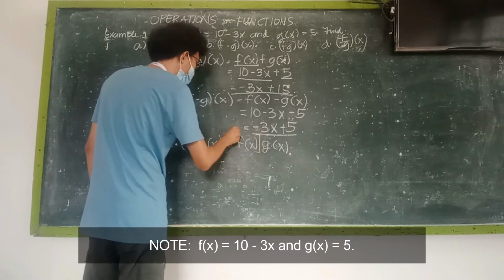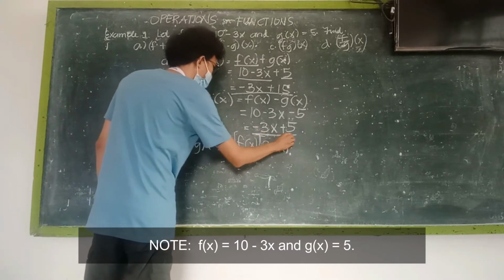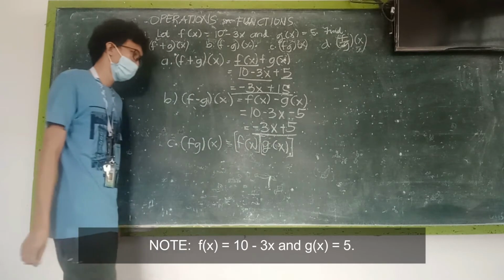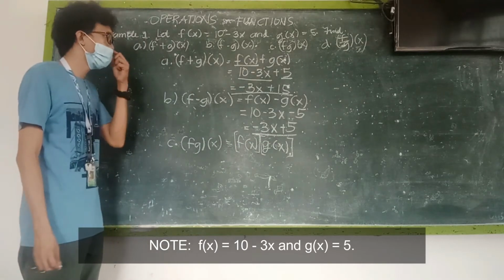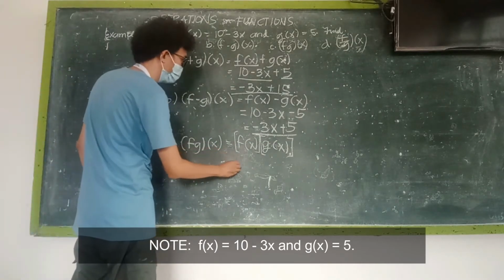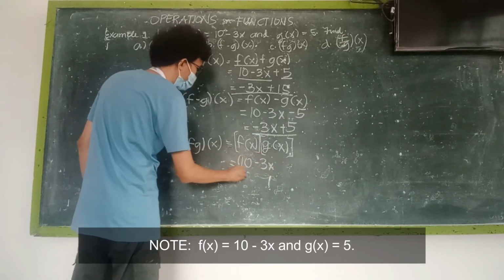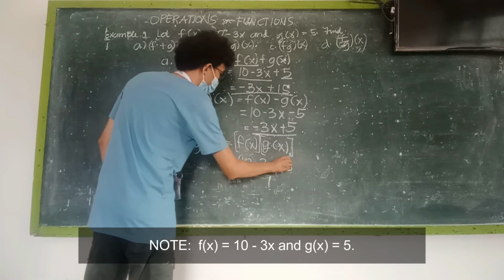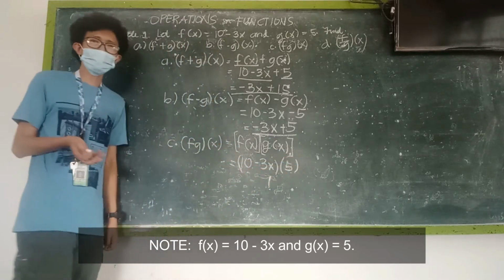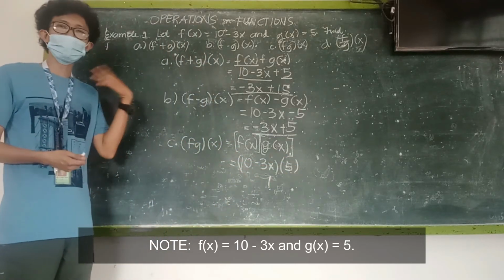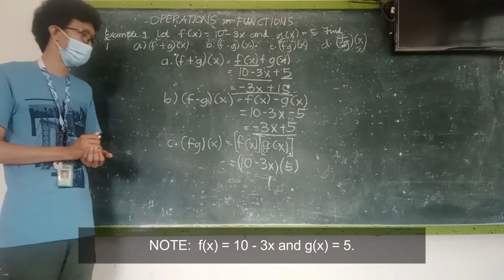So, ang f of x natin, i-multiply natin sa g of x. So, we have 10 minus 3x times 5. We are substituting the functions lang. Then, after that, we will perform the indicated operation as is.